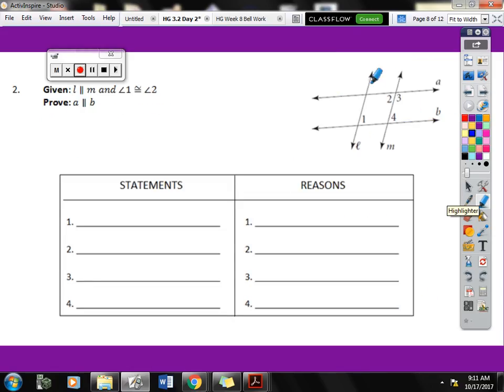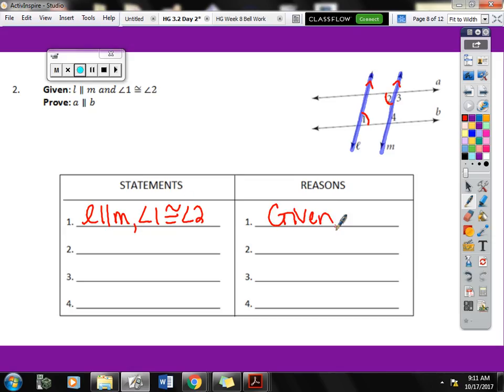Different given this time. This time they tell me L is parallel to M as my given, and angle 1 is congruent to angle 2. So same as last time, but different sets of parallel lines. So I highlighted L and M. Not going to highlight A and B right now.